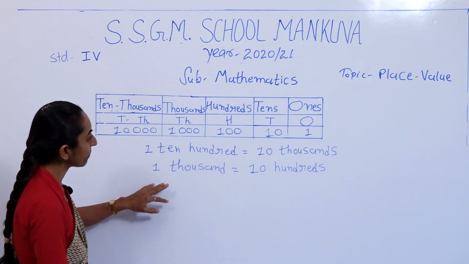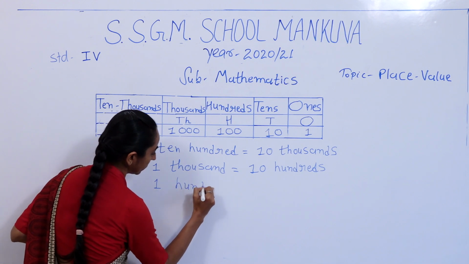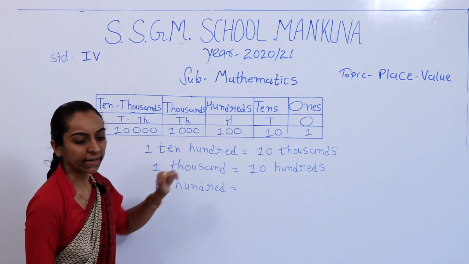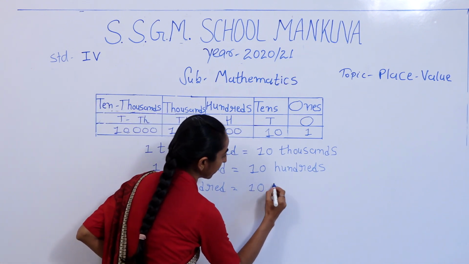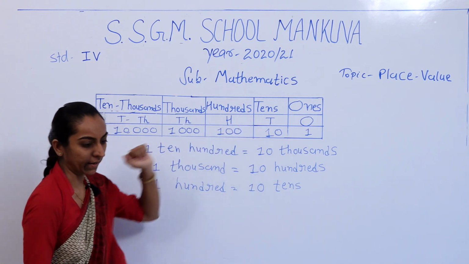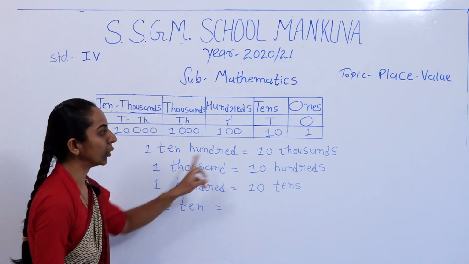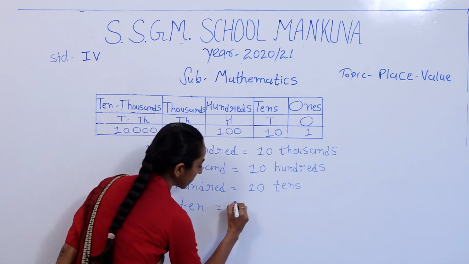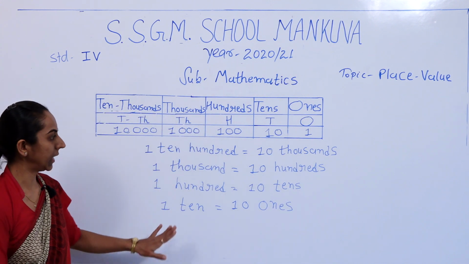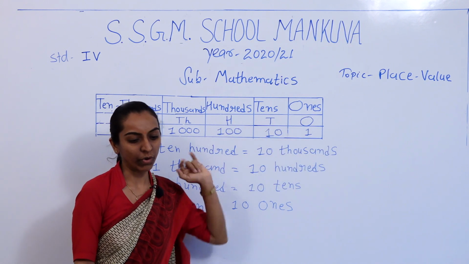Third relation, 100 is equal to 10 tens. And 10 is equal to 10 ones. It is a relation between 10,000, 1,000, hundreds, tens and ones.